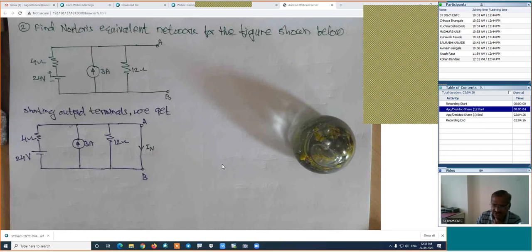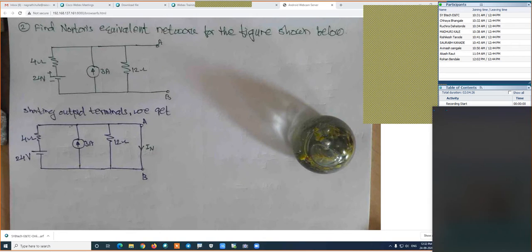Rishikesh, how to calculate the IN? Sir, लूप 1 लूप 2 को सुपर मेश और लूप 3 को सिंगल मेश, मेश एनालिसिस कर सकते। Okay, fine. Madhuri, mesh analysis कर सकते। Here I am asking everyone.